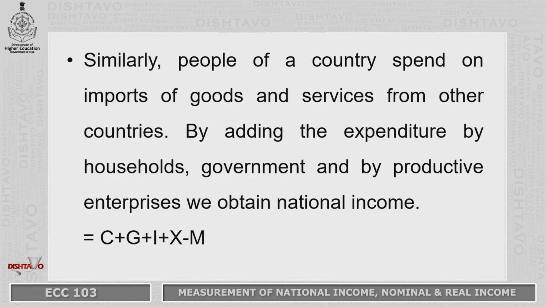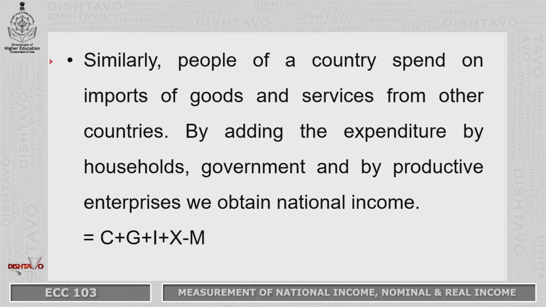People of foreign countries spend on the goods and services which a country exports to them. Similarly, people of a country spend their income on imports of goods and services from other countries. By adding the expenditure by households, government and by the product enterprises, we obtain national income.